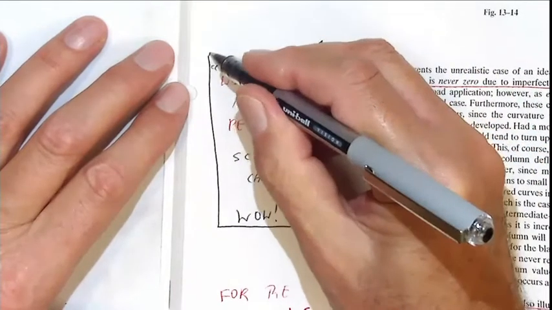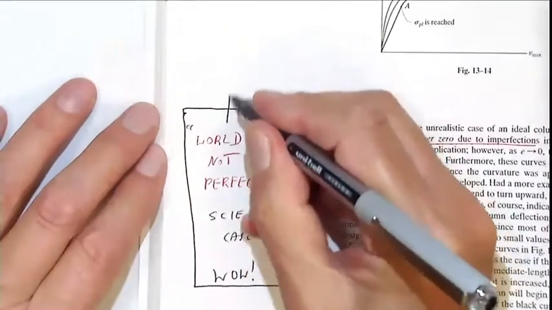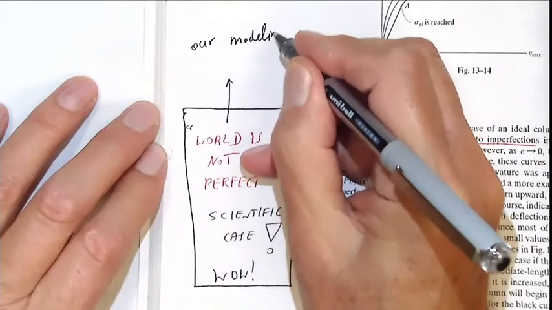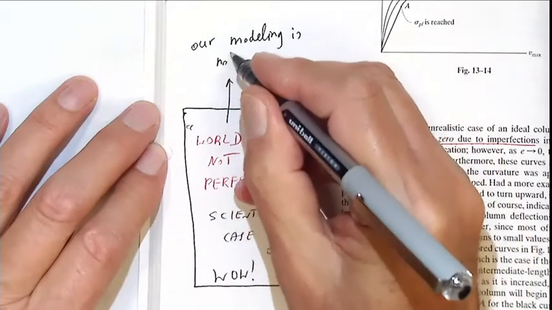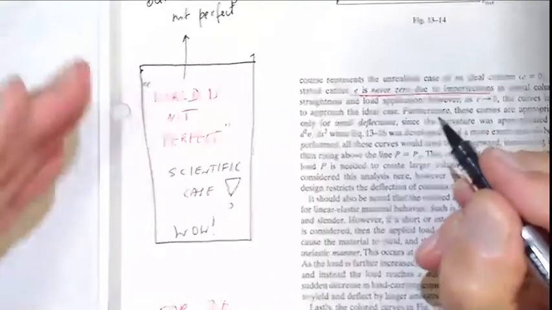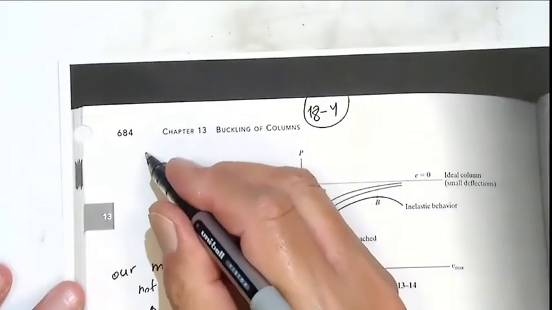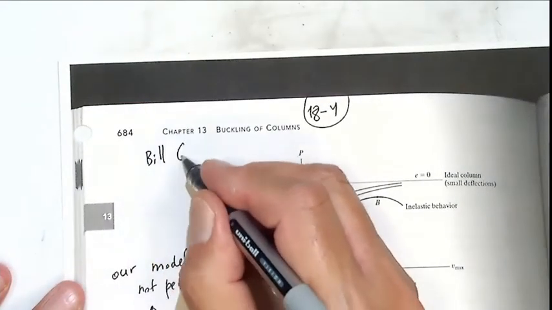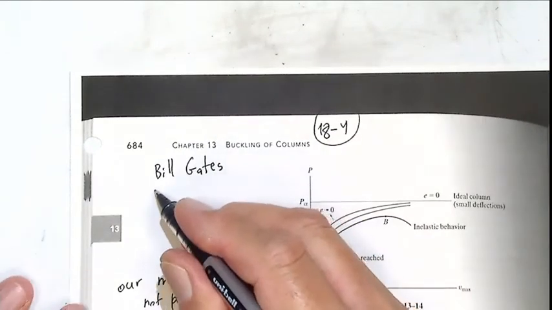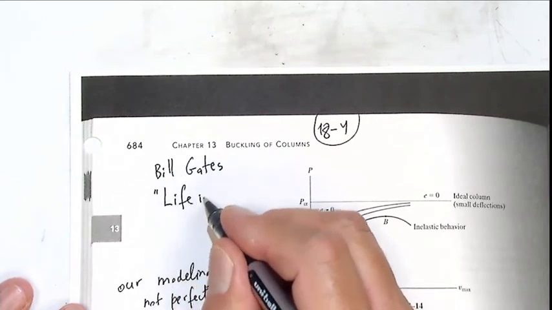What we mean is our modeling of the system is not perfect. Our ability to apply load centrally is not perfect. Now, Bill Gates has, maybe you can find, some statement that we will consider as strange: life is not fair.